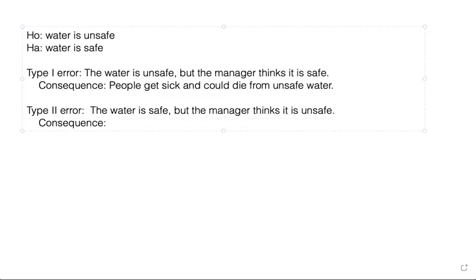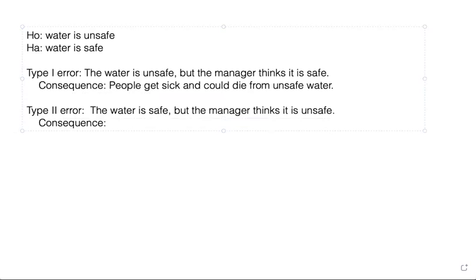True. Well, what would the manager do? Would he just tell people, "Stop drinking water, guys, don't take showers"? What if you were the manager and you thought this water is not safe? What would you do to that water? I guess try to purify it or something. Yeah, you would try to do something to it, right?